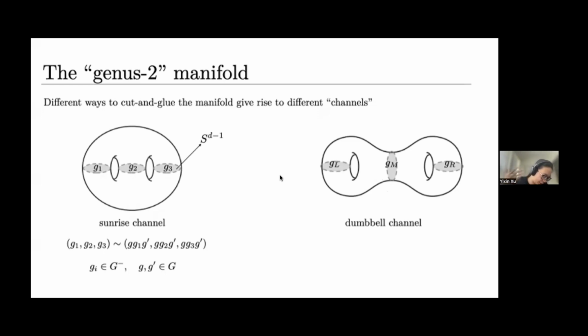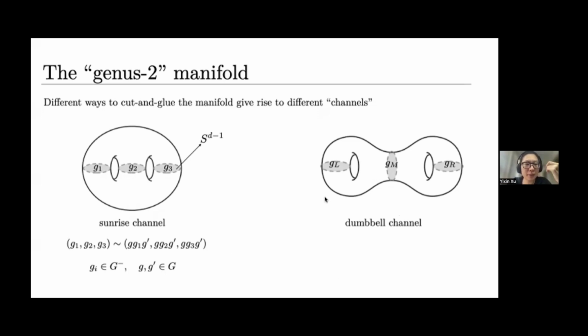We can start from two three-punctured spheres and then build two one-punctured tori, and the flat conformal structures on the two one-punctured tori are parameterized by two conformal group elements, which we call GL and GR. And then you can glue the two tori together via some orientation reversing map, which we call GM.